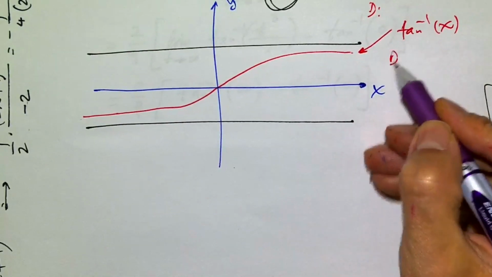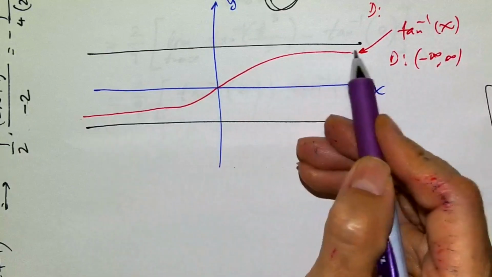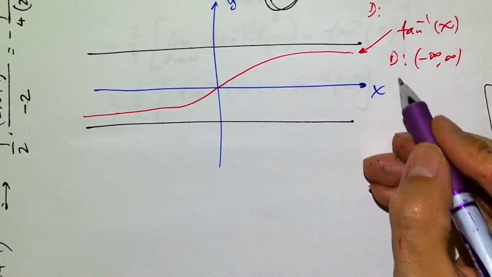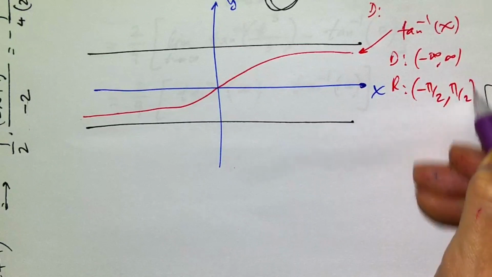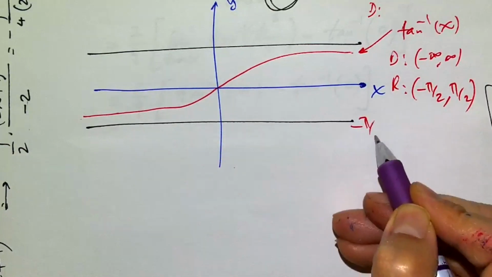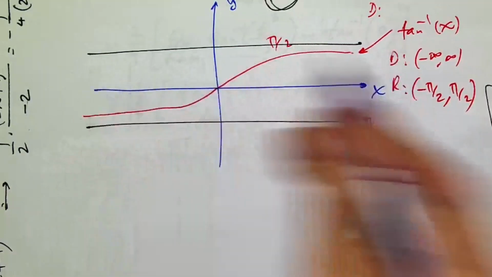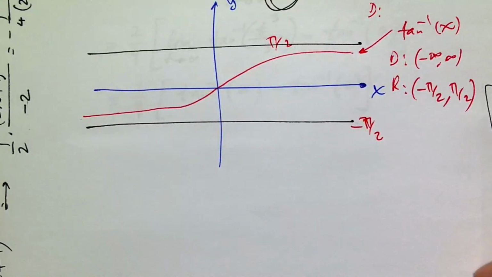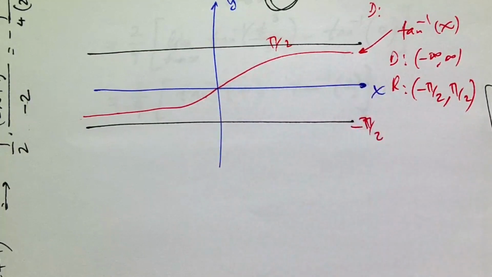But the range goes from negative pi over 2 to pi over 2. This horizontal line is pi over 2, and this is negative pi over 2, and these are horizontal asymptotes. So that's important to remember from trigonometry.